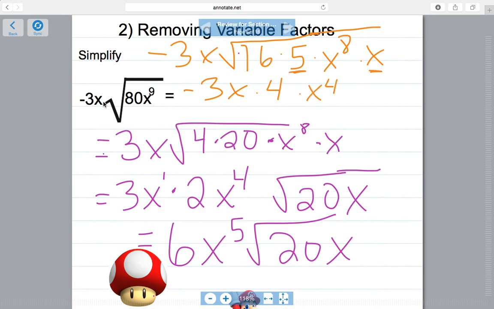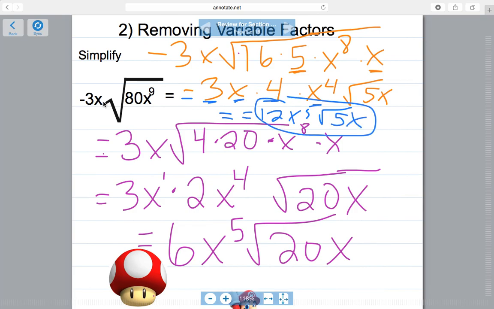So inside we still have 5x. When you multiply everything together, the 3 and the 4 and then the x and the x to the 4th, you get 12x to the 5th times the square root of 5x. So we got the same answer as we did before.